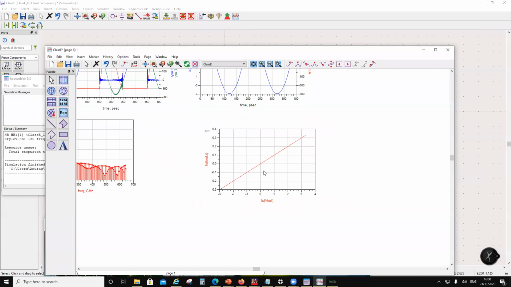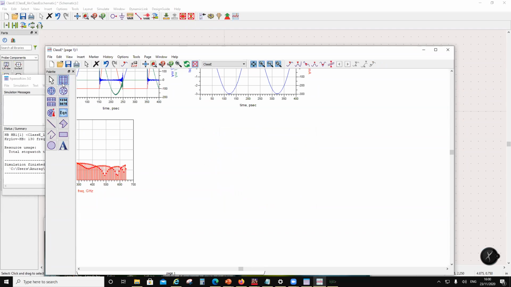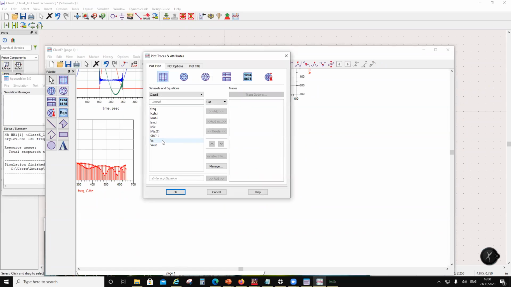Okay, not like this. What it has done here. Oh, not I out, V out. It should be VC, that is, the voltage across the switch versus the current through the switch, or switch capacitor combination, right?